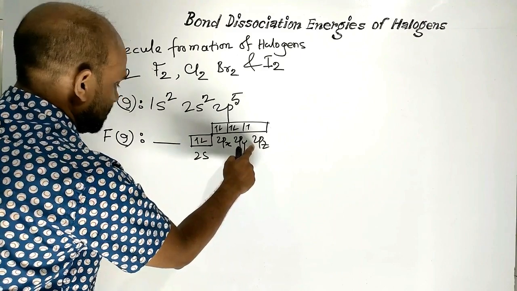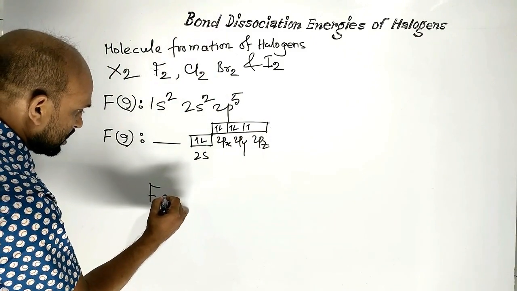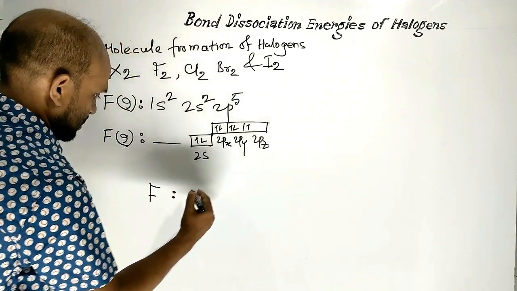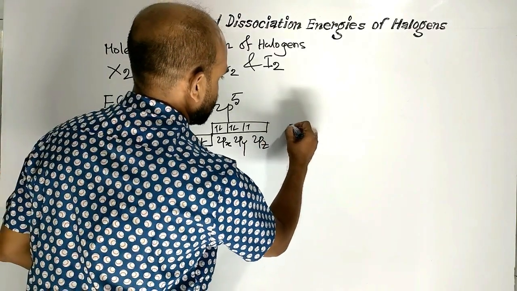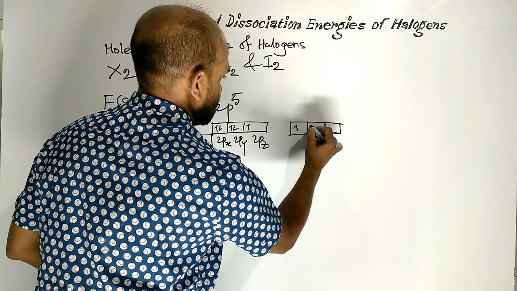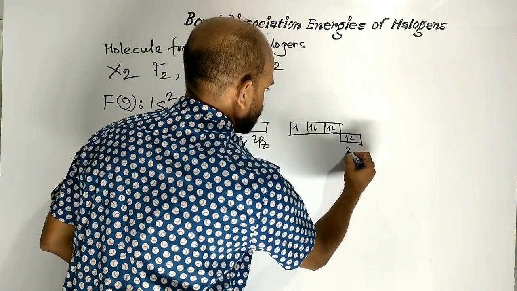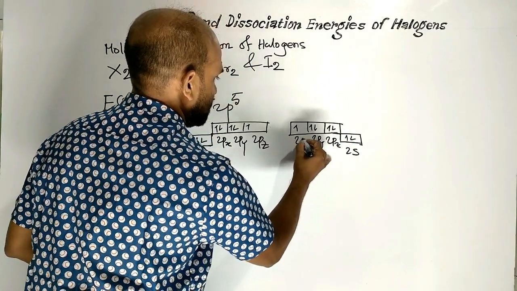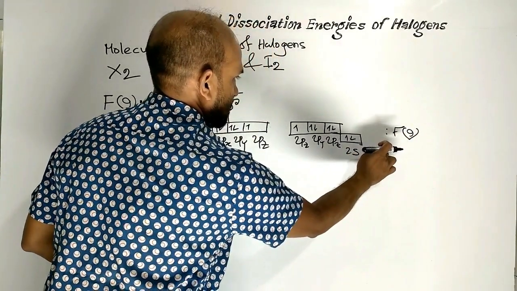This 2p orbital with 1 electron overlaps with another 2pz orbital of another fluorine, and the fluorine molecule is formed. This can be shown in this way: 2s, 2px, 2py, 2pz, another fluorine atom.